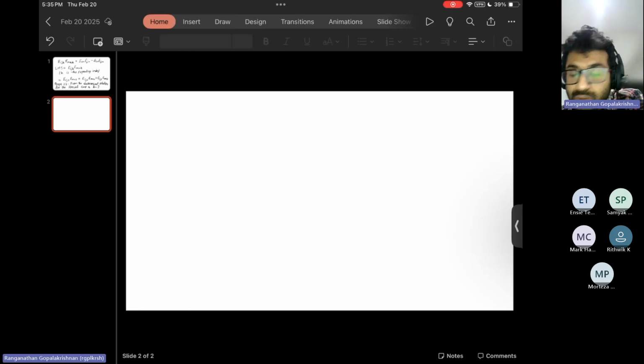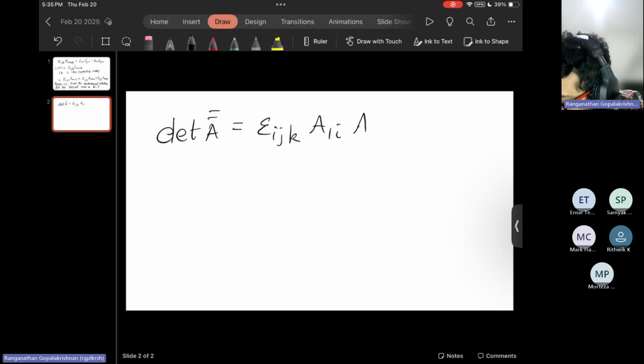So that is equation 2.7, which gives the determinant of A is equal to, you can write that as epsilon ijk a1i a2j a3k. This is the formula for the determinant.